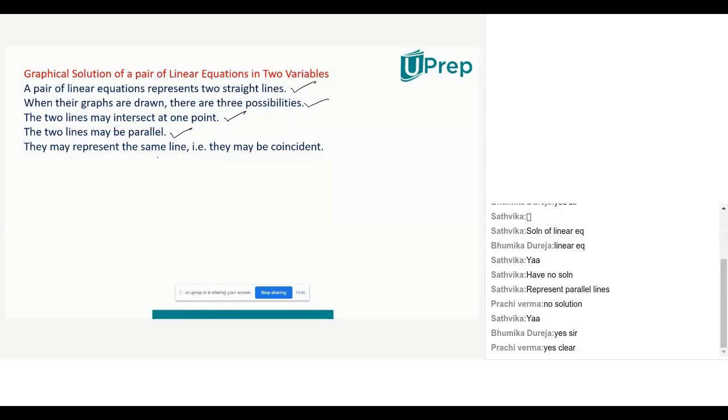Three, they may represent the same line, called coincident lines, meaning infinitely many solutions. The lines intersect at one point, the lines are parallel, or one line lies on the other, which is called a coincident line. In the case of coincident lines, there are an infinite number of points, so infinitely many solutions.